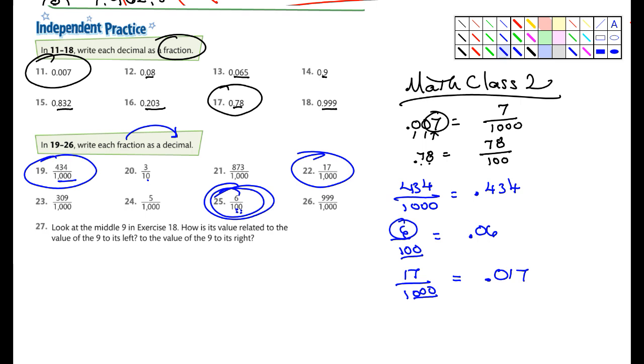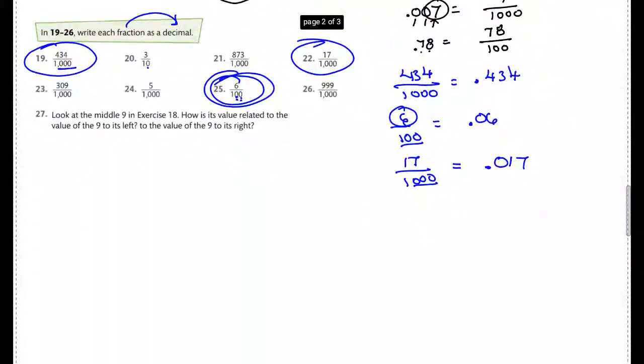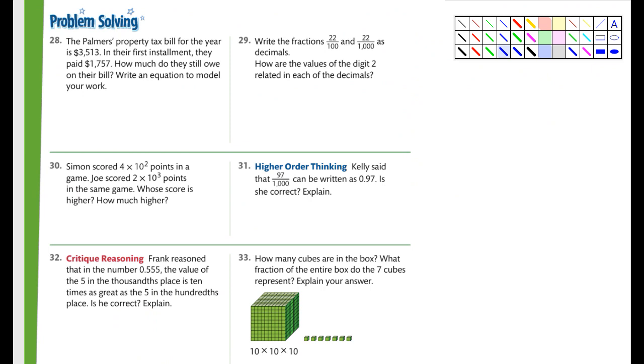Next page. These are a little bit harder, but let's talk about some of these. The Palmers' property tax bill for the year is $3,513. In their first installment, they paid this much. How much do they still owe?